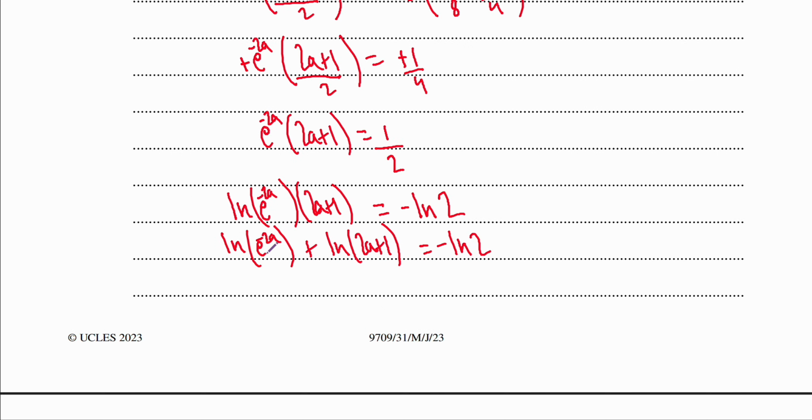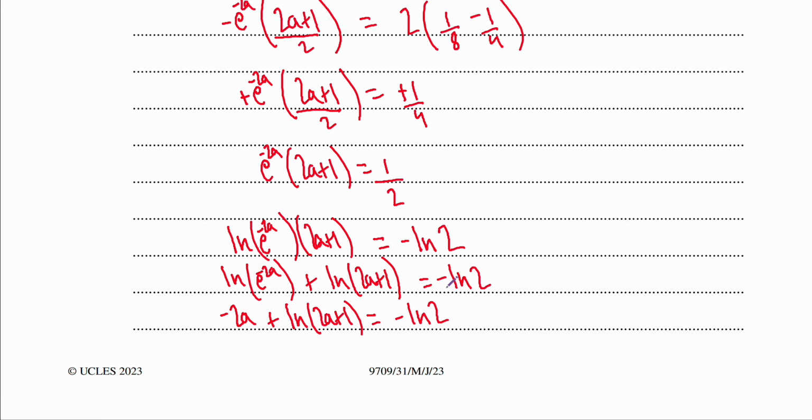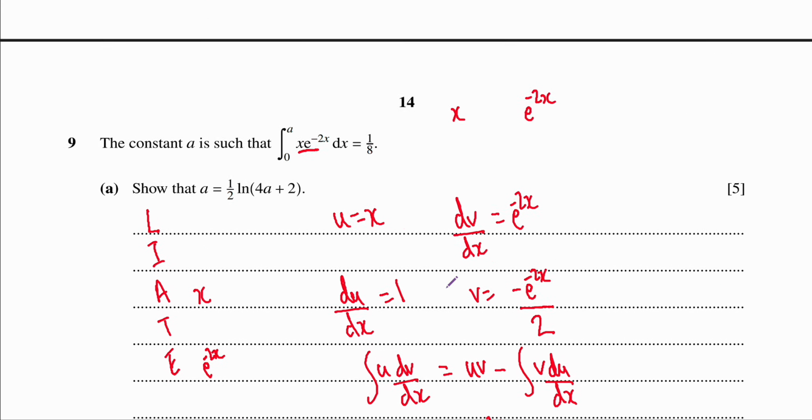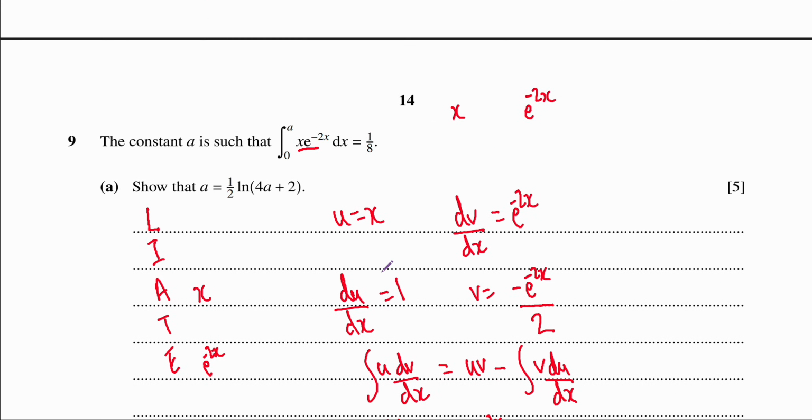Now what do we do? Well, for ln e to the negative 2a, we can bring the negative 2a over here, and then ln of e is just 1, so we have negative 2a there, plus the natural log of (2a plus 1) is equal to negative ln 2. Now what do we need to do? We need to get to this form right here, a half ln (4a plus 2).